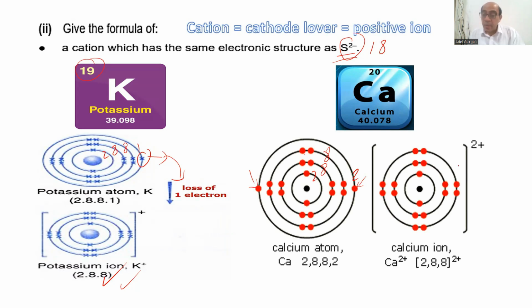So it becomes a positive calcium ion carrying 2 positive charges. Why? Because the number of electrons equals 18, while the number of protons inside each nucleus equals 20. No change for the number of protons. The only change during chemical reaction is in the number of electrons.